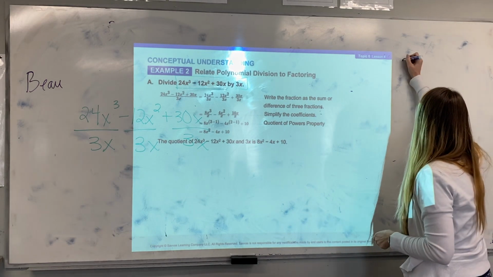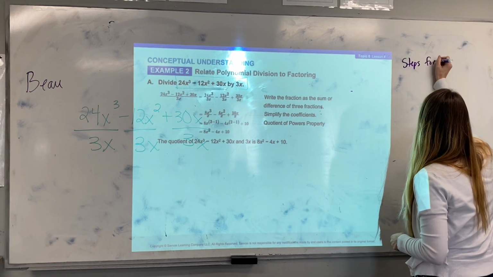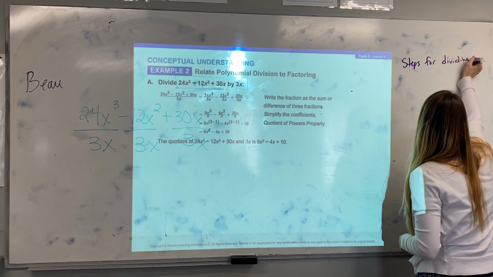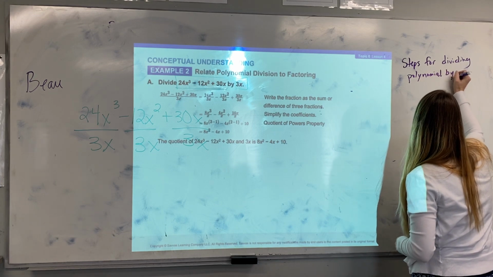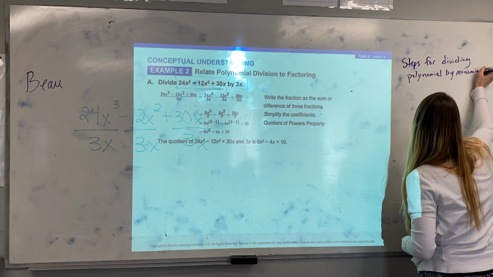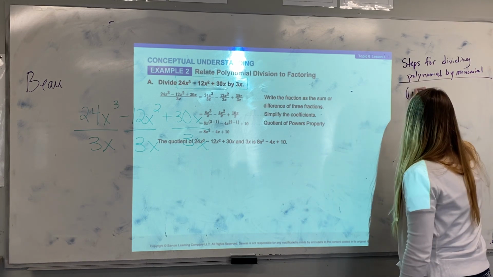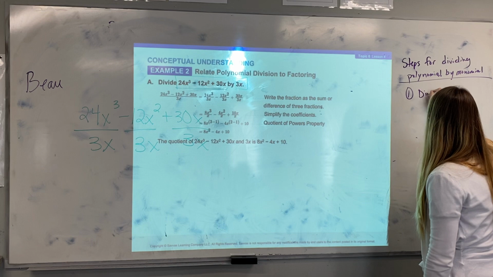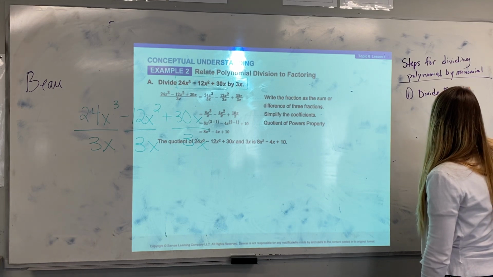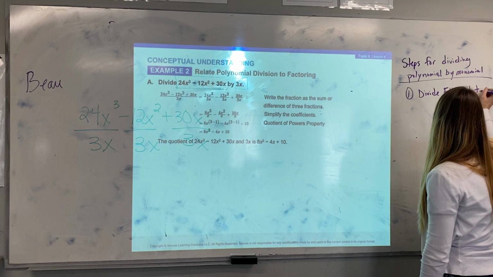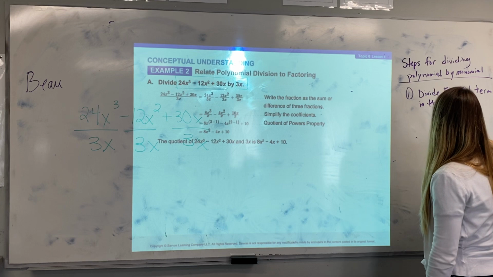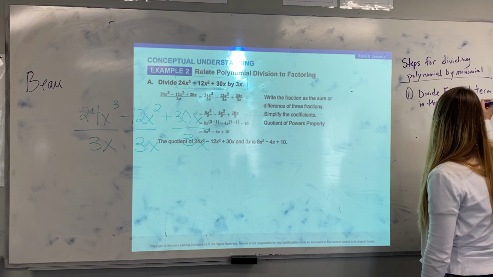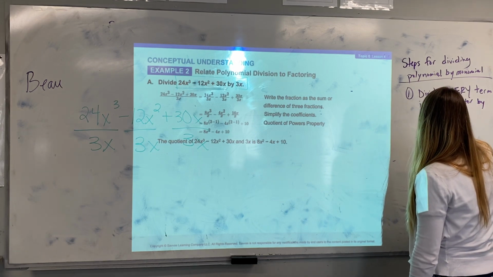So, steps for dividing a polynomial by a monomial. Number 1, divide every term in the numerator by the monomial.